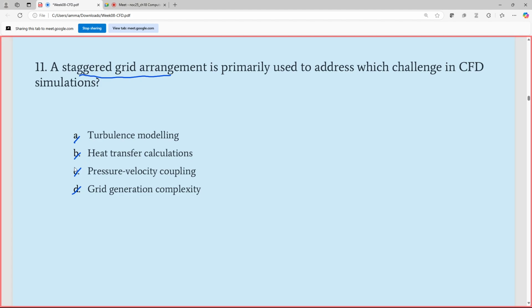Our answer is option C, pressure velocity coupling. To overcome the collocated grid issues, the alternative is a staggered grid arrangement.